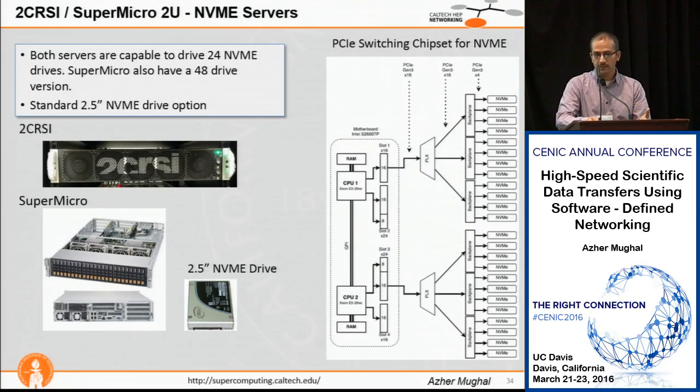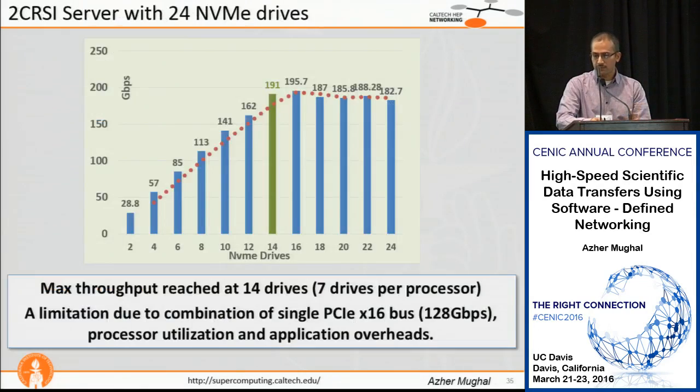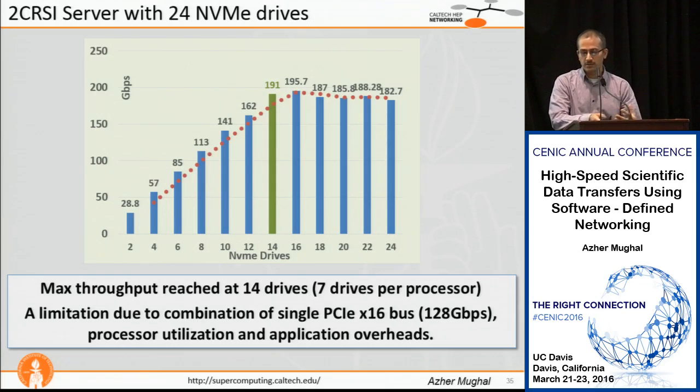There can be more X16s coming to another expander chipset, PLX, but that will be another design for such a machine. So 7 drives can easily outpace this PCI Gen 3 at 191 gigabit per second altogether. Then of course there are different overheads coming from the application or from the processor inside.